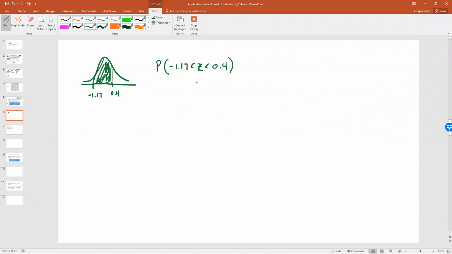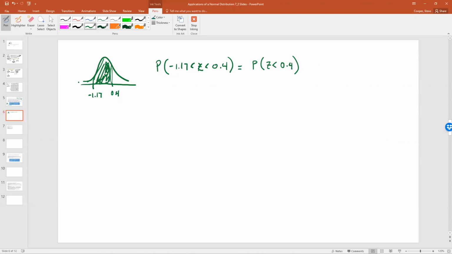Okay, yeah, so if I take the area where Z is less than 0.4, that gives me a little more than I need. That gives me everything to the left of 0.4.